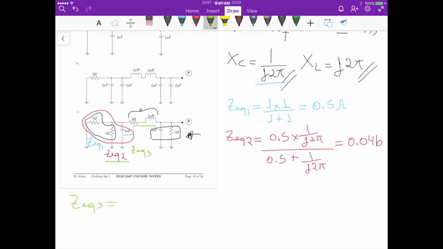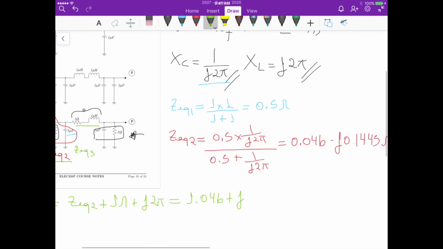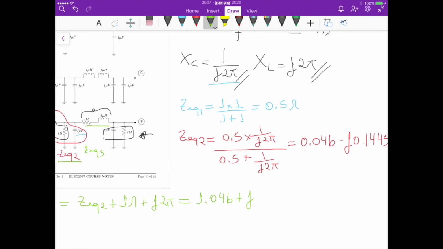ZEQ3 is equal to ZEQ2 plus 1 ohm plus j 2 pi, which is the same as 1.046 plus j, so it's going to be 2 pi minus 0.1445, which is the same as plus j 6.1386 ohms, right?